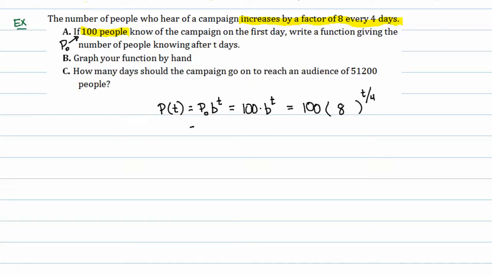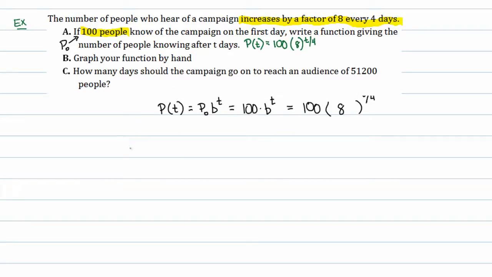So increase by a factor of 8 every 4 days. So that's our function. That was actually part A. So P of t equals 100 times 8 to the t over 4 power.